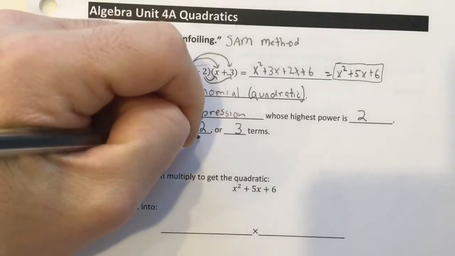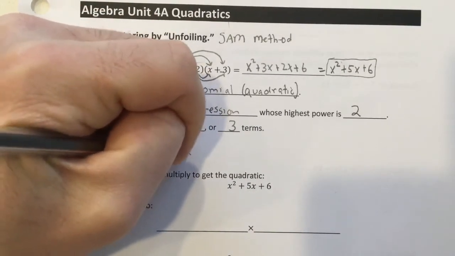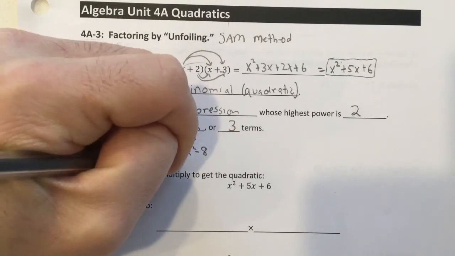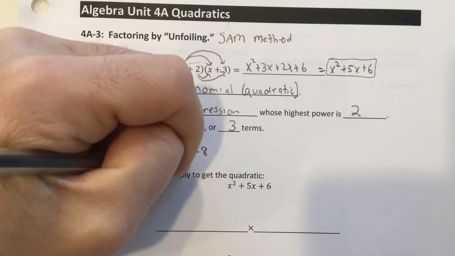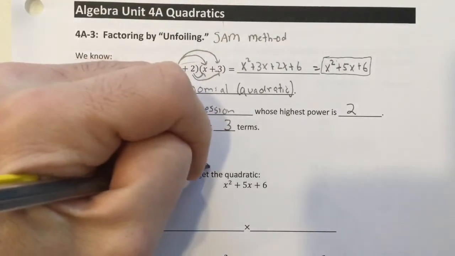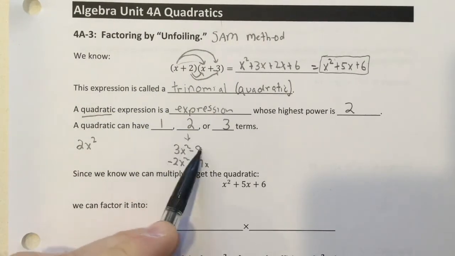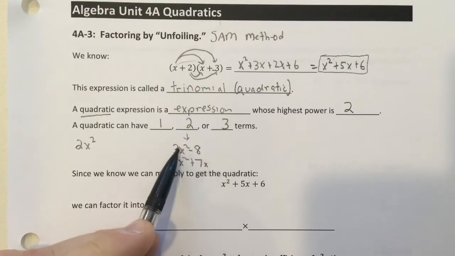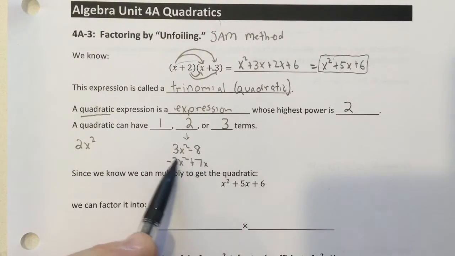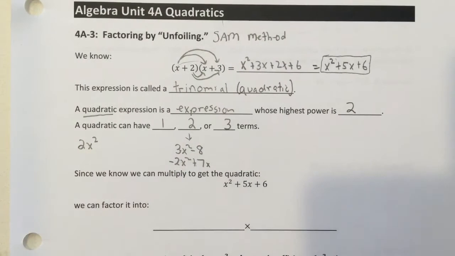Something with 2 terms would be something like 3x squared minus 8, or we could say negative 2x squared plus 7x. So here there's 2 terms because they're separated by addition and subtraction, and the highest power of x is 2. Same thing with this. There's 2 terms because it's separated by addition, and the highest power of x is 2.